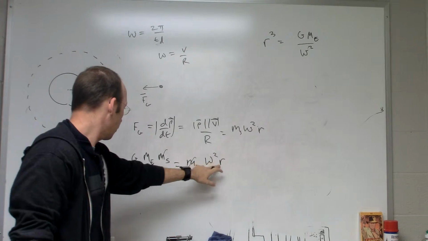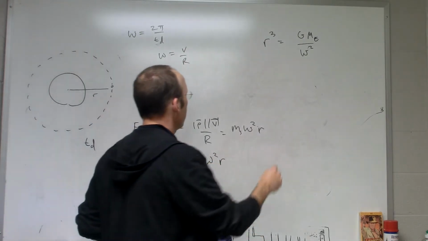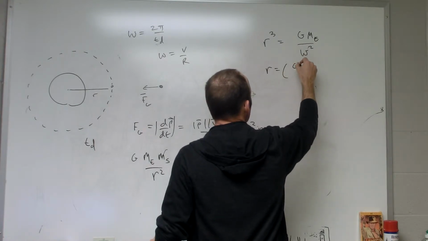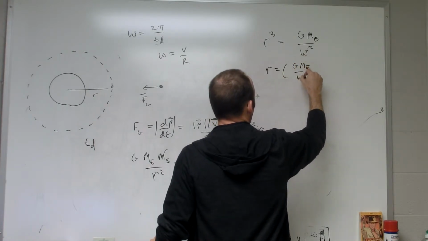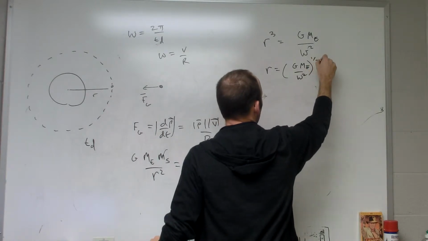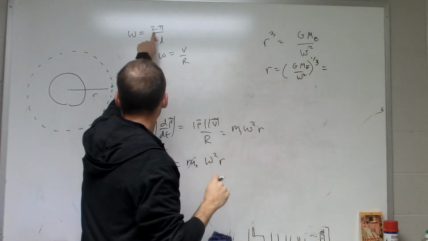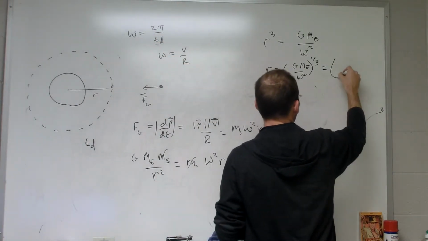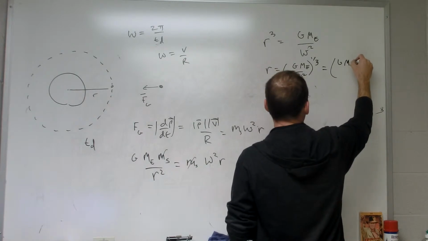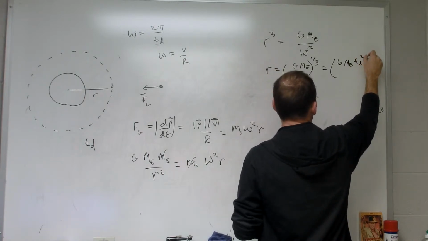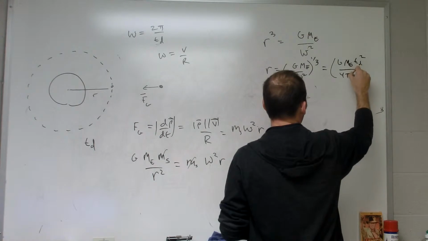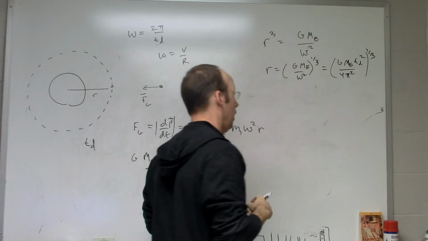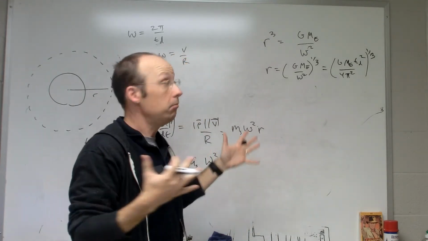So r is going to be the cube root of G mass of the Earth over omega squared, to the 1/3. And omega squared is 4 pi squared over TD squared. So this is going to be G mass of the Earth TD squared over 4 pi squared, all to the 1/3. And, done.